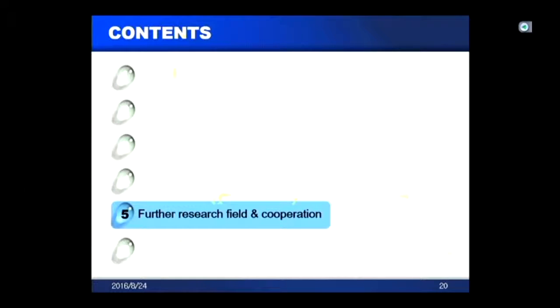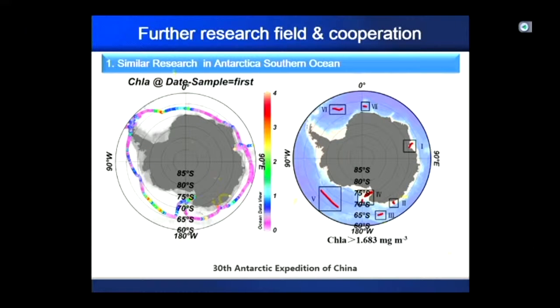So what we are doing now and will do further is that the same thing happened in Antarctic. This is research result from the 30th Antarctic expedition of China at the end of 2014. We will find the circum-Antarctic picture, and we will find some areas with high primary production or high chlorophyll A are in some areas with upwelling ocean currents.